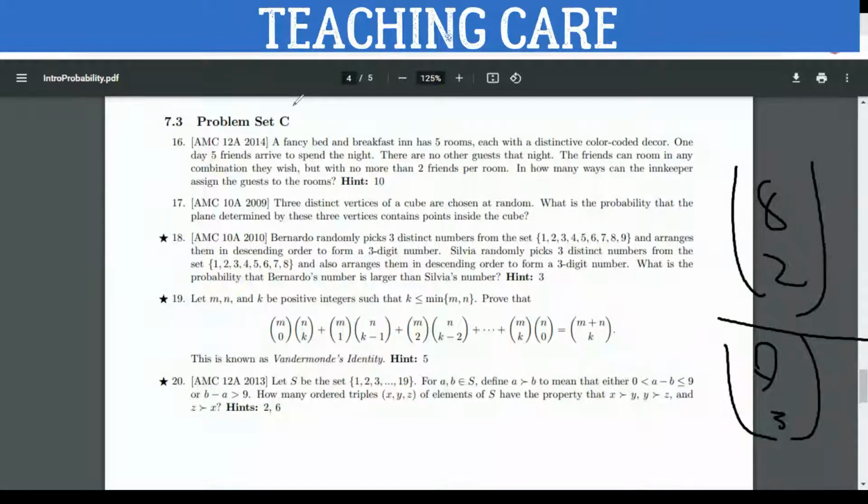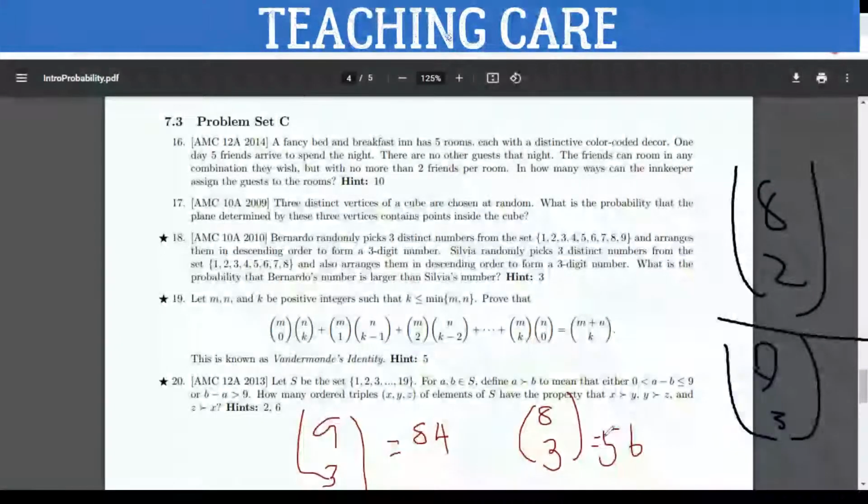You can randomly choose this. So 9C3 would be 84, correct? 84 numbers that you can choose. And for Sylvia it is 8C3, which is 56. So when I multiply this, you can compare the pairs of numbers. For example, if Sylvia is going to choose 321 and he chooses 543, there is one pair.